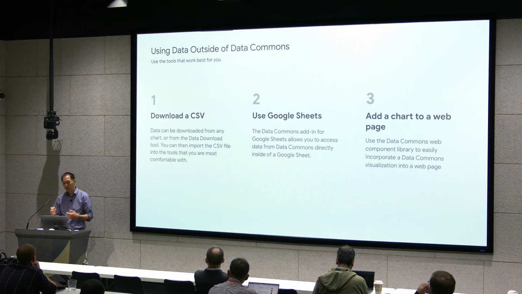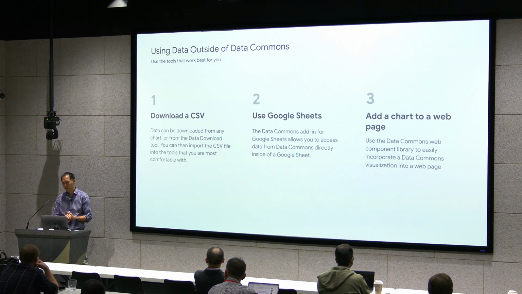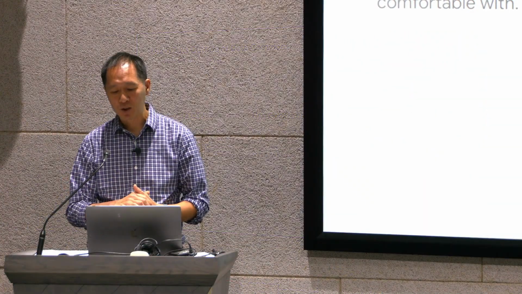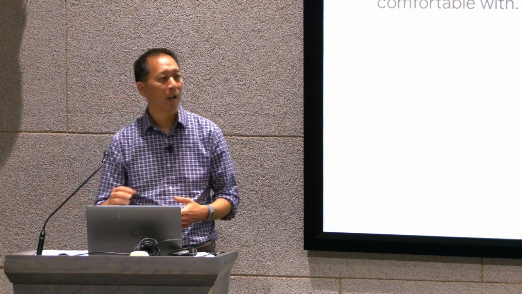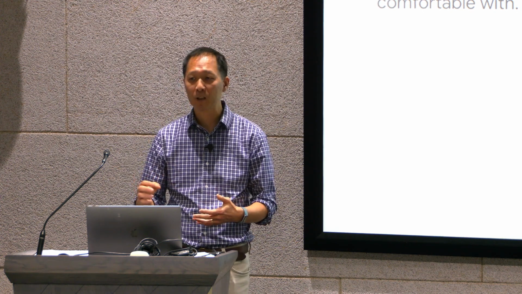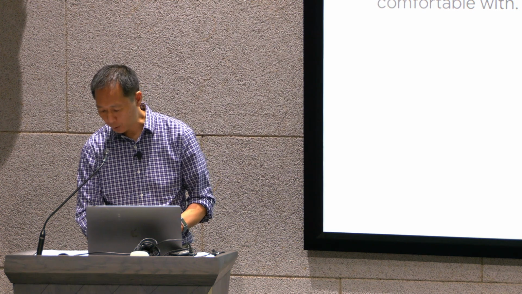For example, if you use Google Sheets, there's an add-in for Data Commons that allows you to pull data directly into the Google Sheet without even having to go to Data Commons. And then the third option is you can take any chart that is available through Data Commons, and if you have a web page, you can just embed that chart on your own web page. So let's take a look at each of these items.